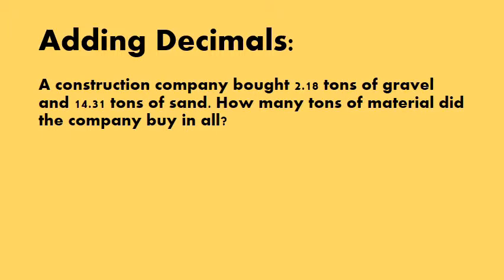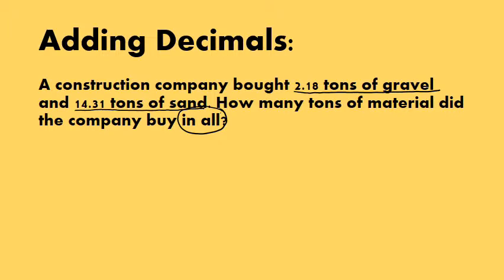First, we underline the important information: 2.18 tons of gravel and 14.31 tons of sand. And the keyword was "in all". So the keyword showed us that we should add to know the total number of tons of the material used.